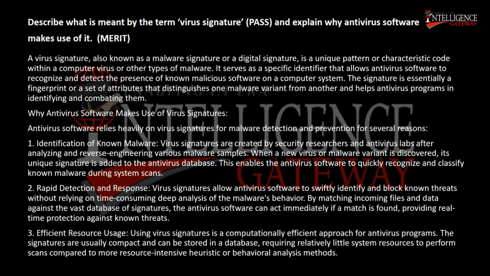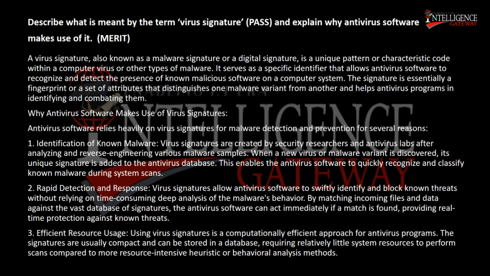Merit. A virus signature, also known as a malware signature or a digital signature, is a unique pattern or characteristic code within a computer virus or other types of malware. It serves as a specific identifier that allows antivirus software to recognize and detect the presence of known malicious software on a computer system.